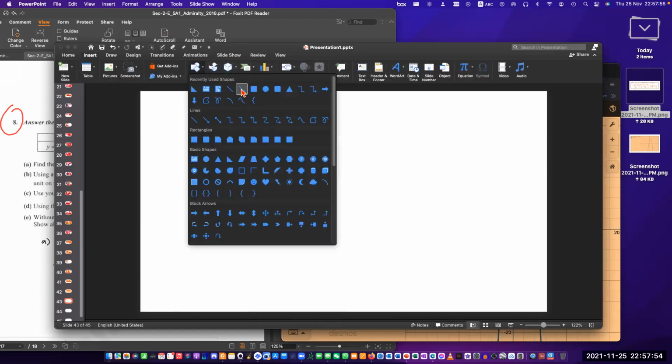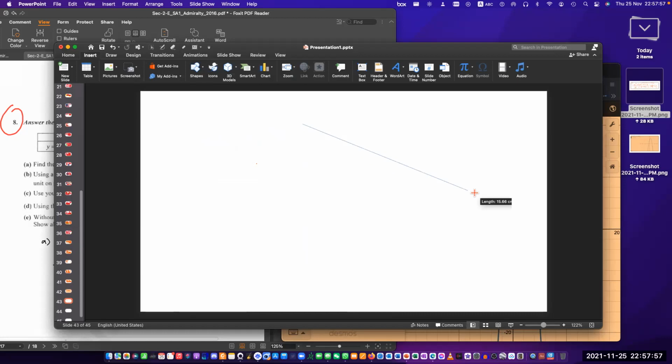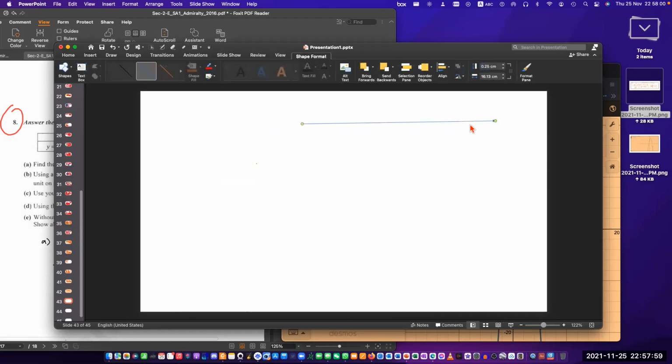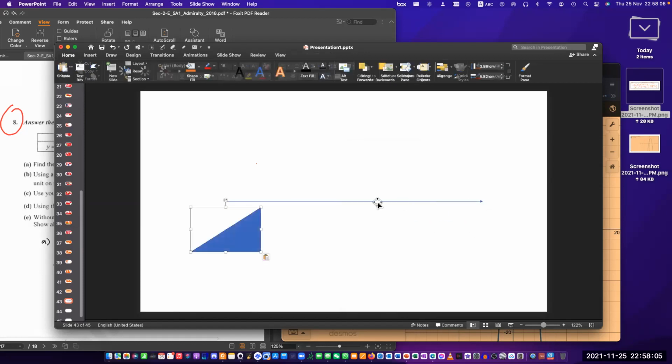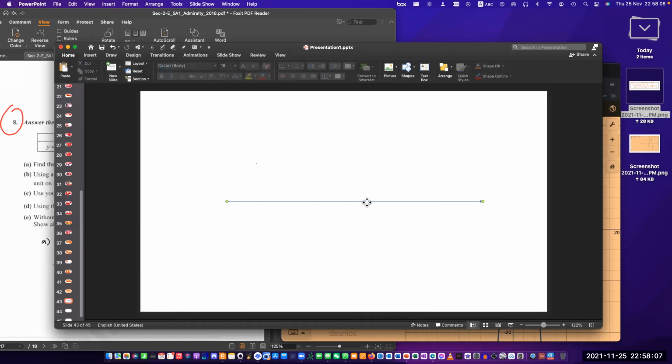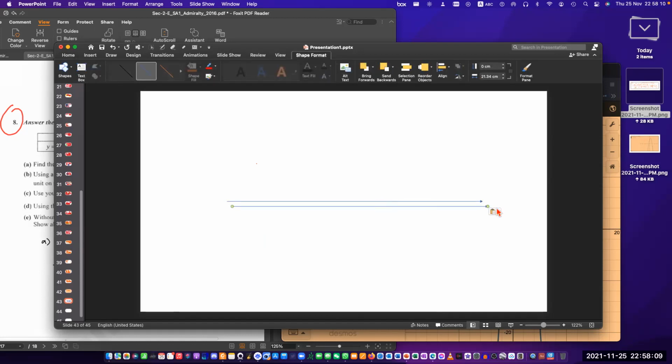Let me just, so this is an x-axis. And of course you need a y-axis. Let me just demo to you. Right?